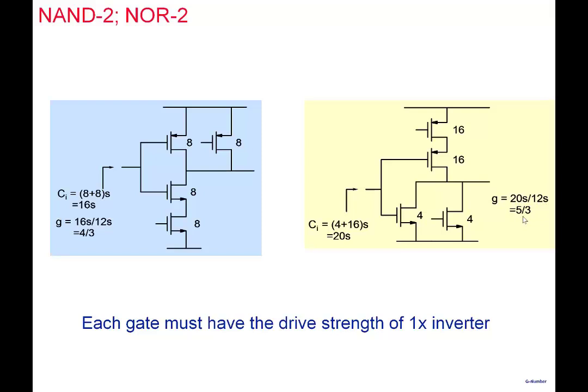So for every gate that is given to you, you should be in a position to calculate this logical effort, G. All that you have to do is, for that gate, size the PMOS network of strength 1x and size the NMOS of strength 1x. Look at the capacitance and normalize it by the capacitance of an inverter, and you get 5 by 3 or 2 by 3 or whatever.